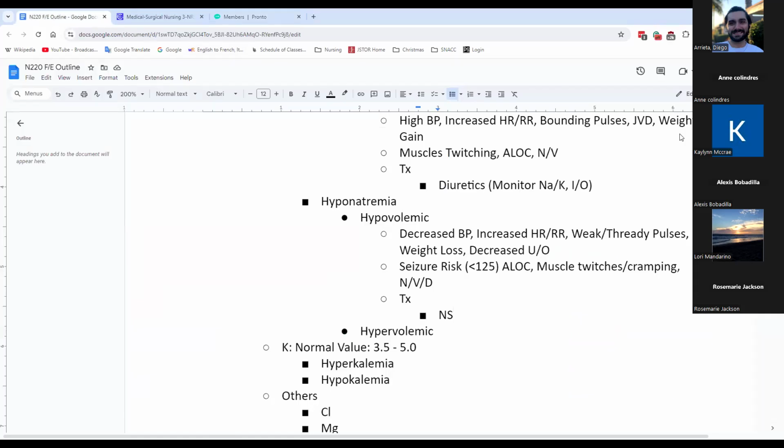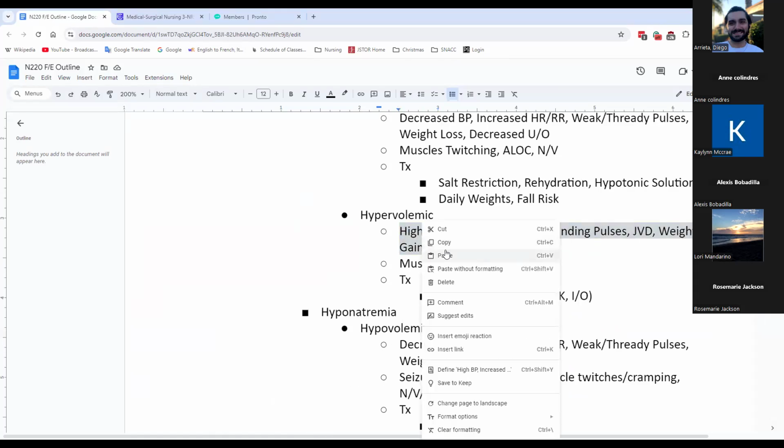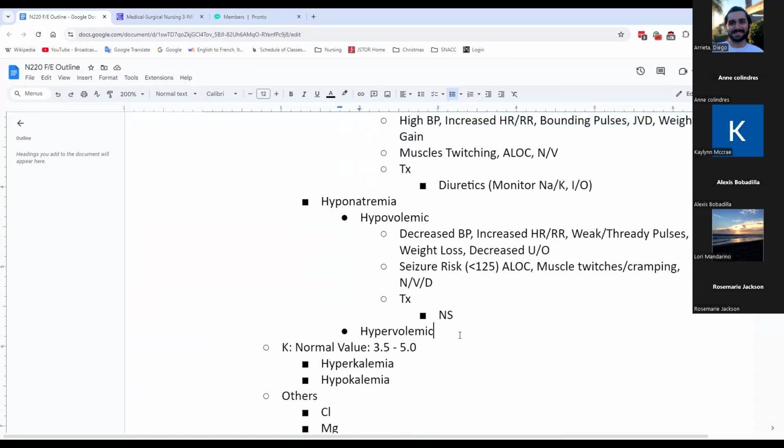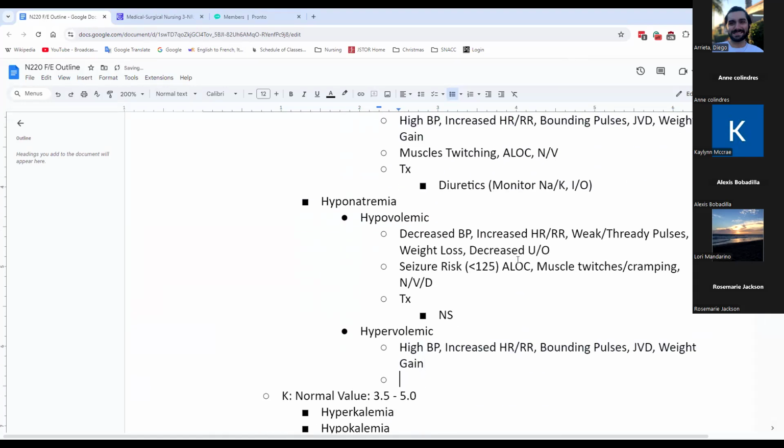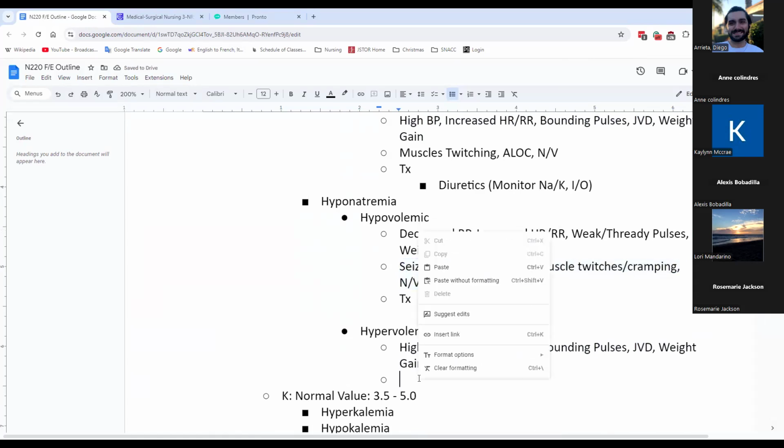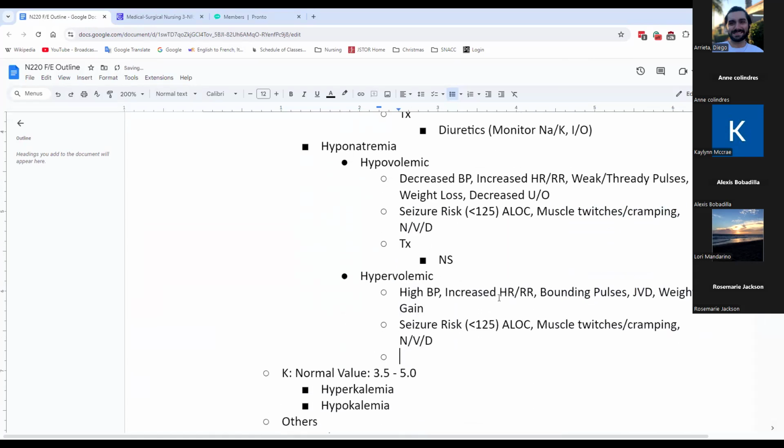Cool. Yeah, you're going to get normal saline because it's going to give you both your salt and your water. Okay, so now hypervolemic. Again, we're going to have some of these hypervolemic signs and symptoms, as well as some of your hyponatremia stuff, which is genuinely the same thing here. But the treatment's going to be different.